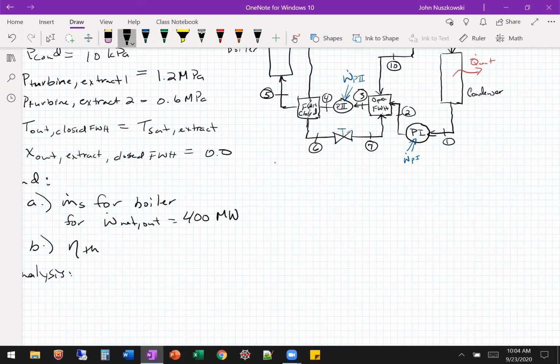So yes, this will be a throttling valve or a valve, or a trap they might call it. It's a device that drops its pressure. Okay, but it's not where work is happening. Correct. It's just a device that is dropping pressure, right?